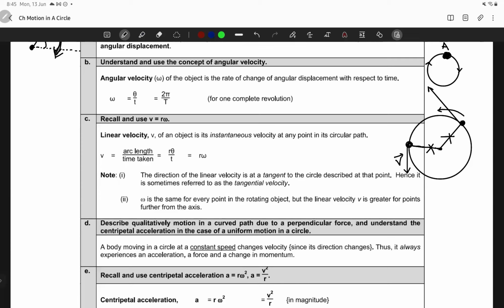You can also use the word instantaneous velocity at any point on this circle, because as soon as you cut that string off, with that particular velocity it would go flying off in the direction it was already moving. So is this clear? Do you understand what linear velocity is?